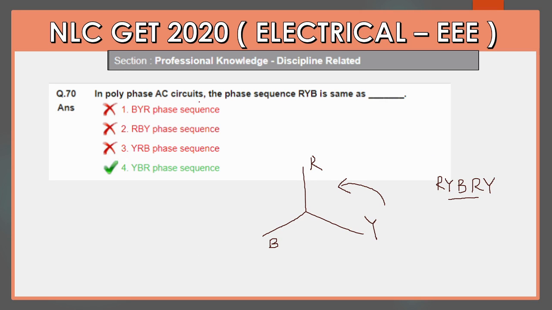In polyphase AC circuits, the phase sequence RYB is same as. So if you draw a diagram like this, RYB, the phase sequence, next RYB, next what will come R, next what will come Y. You can see here RYB is nothing but YBR also. So the last option is the correct answer.